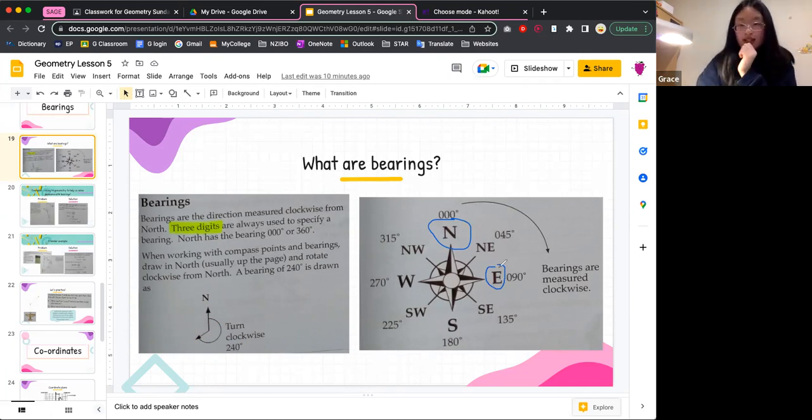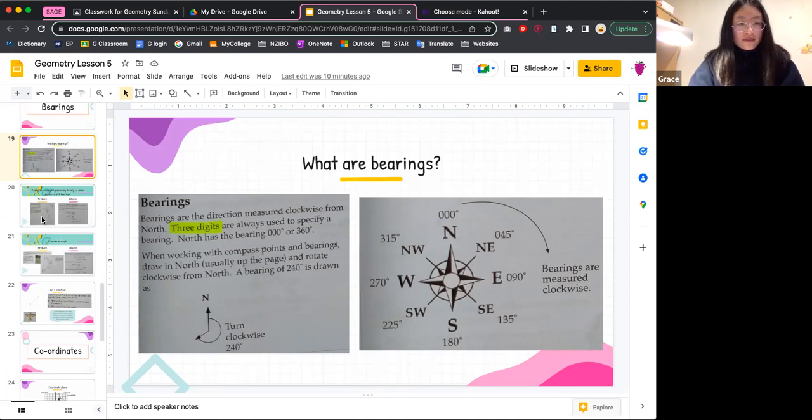So that gets you to east, and it's 90. And then we keep going south, west, and so on. And these directions in between are at 45-degree increments because they're halfway between the main directions, which are 90 degrees apart. So that would be 45. Okay.